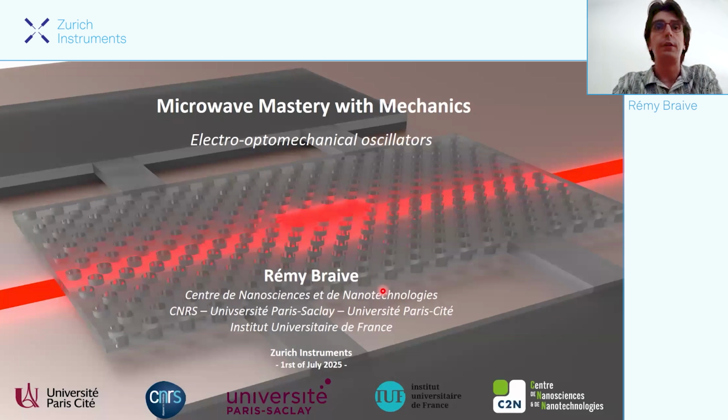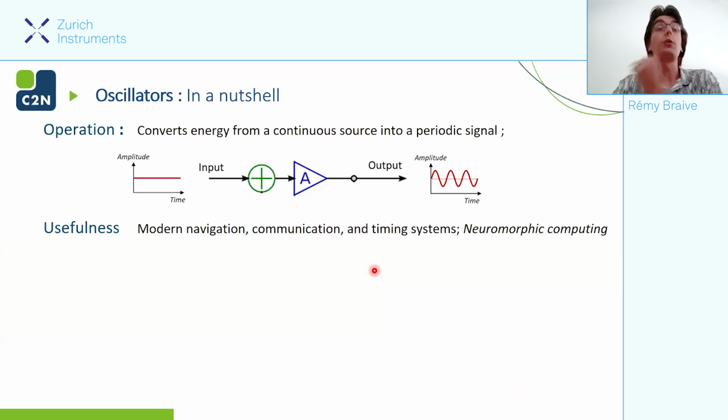What is an oscillator? The idea is that if you launch a continuous signal into the oscillator, you can convert the energy to a periodic signal.